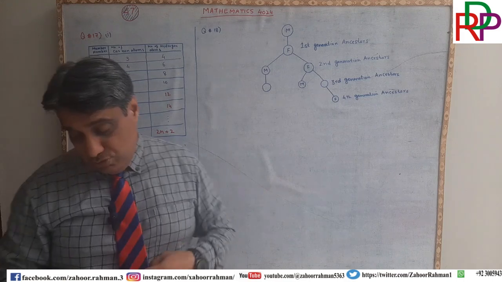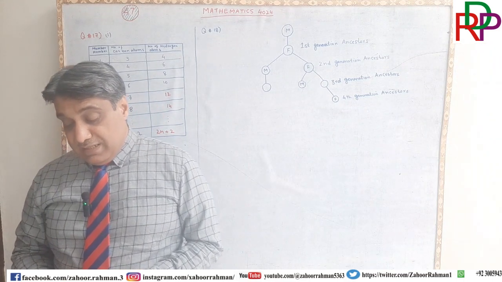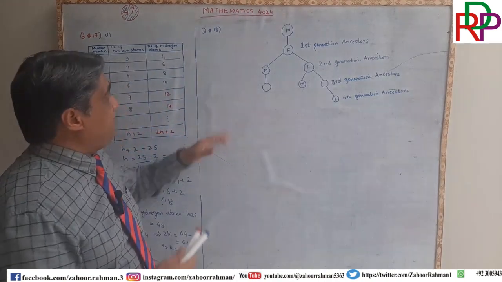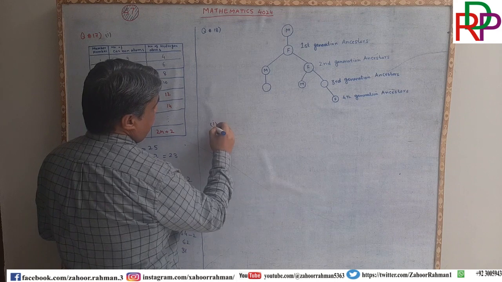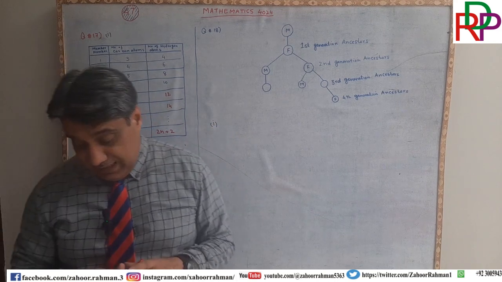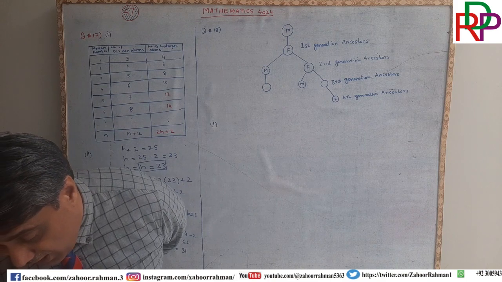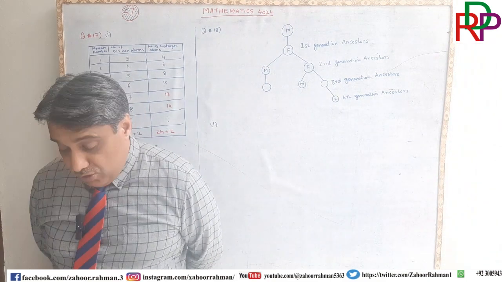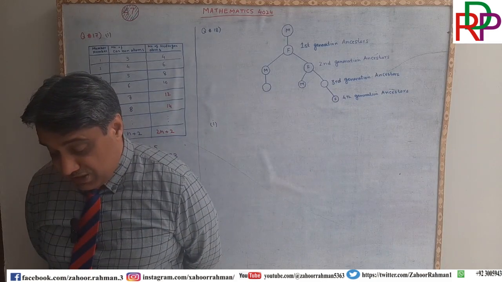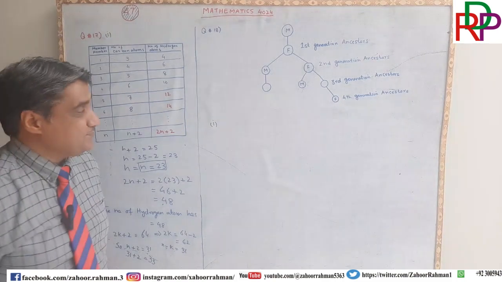So we have to go to part number 1, and in part number 1 they are saying complete the model and show all the fourth generation ancestors. How many fourth generation ancestors does a male bee have?